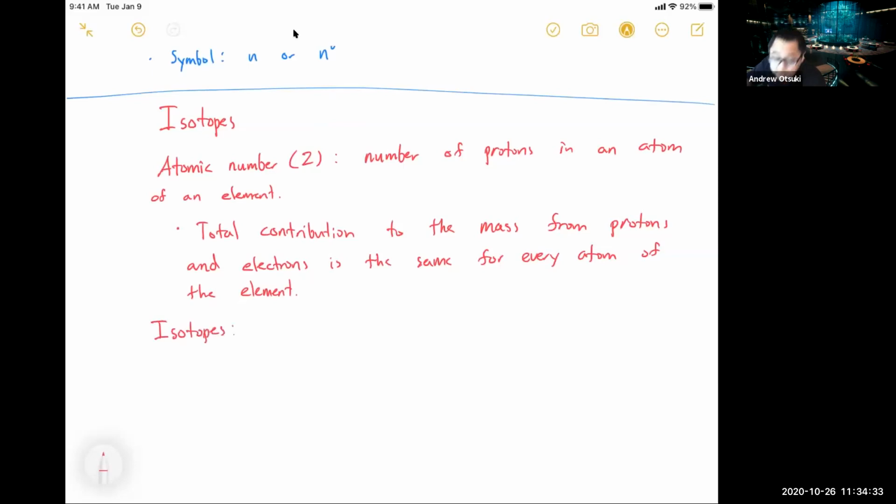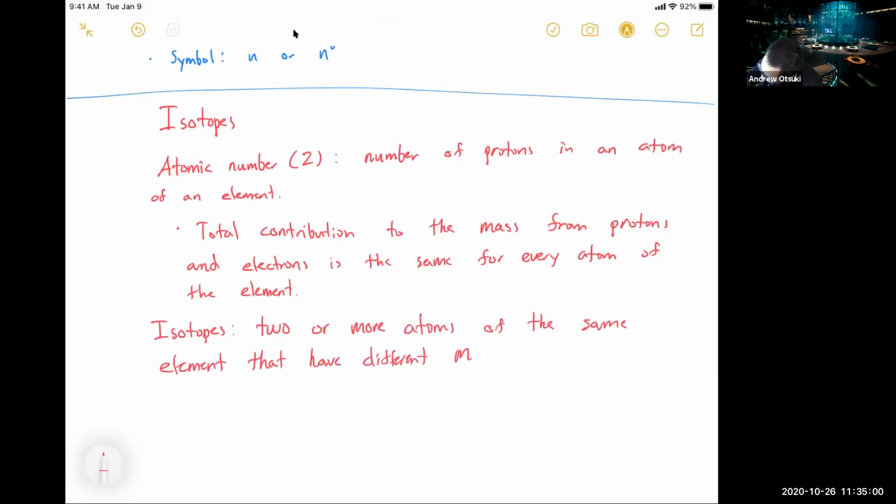Isotopes are two or more atoms of the same element that have different masses. How can they have different masses if their protons and electrons are the same?